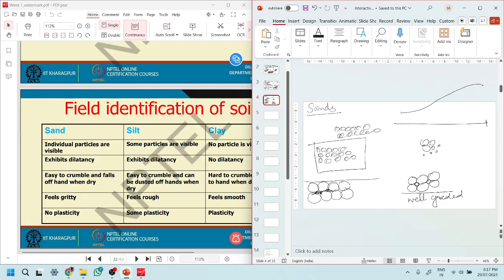If this is the diameter of particles, the soil has a range of diameters. All these diameters are present. This diameter is less, this is more, we can say.